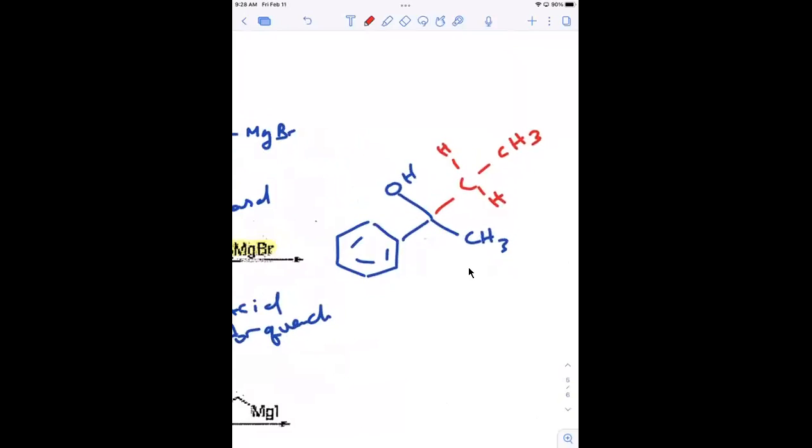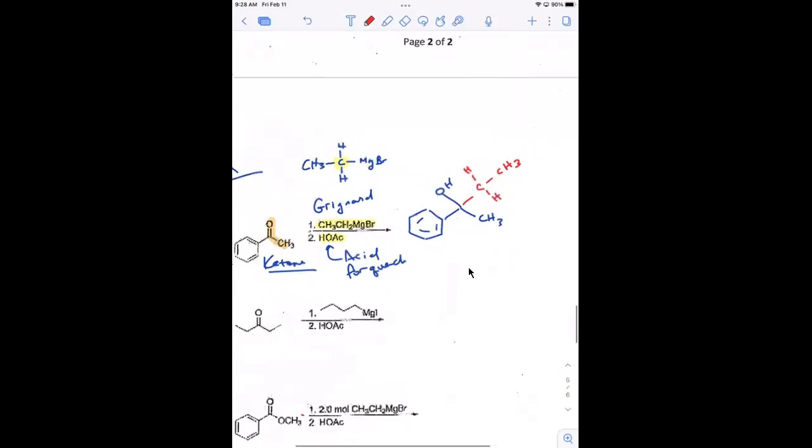Right, it's the same nucleophile from here that I'm adding to that carbonyl. So if I start with a ketone, I add a Grignard to it, I'm going to get an alcohol in the product. Let's do the next one.